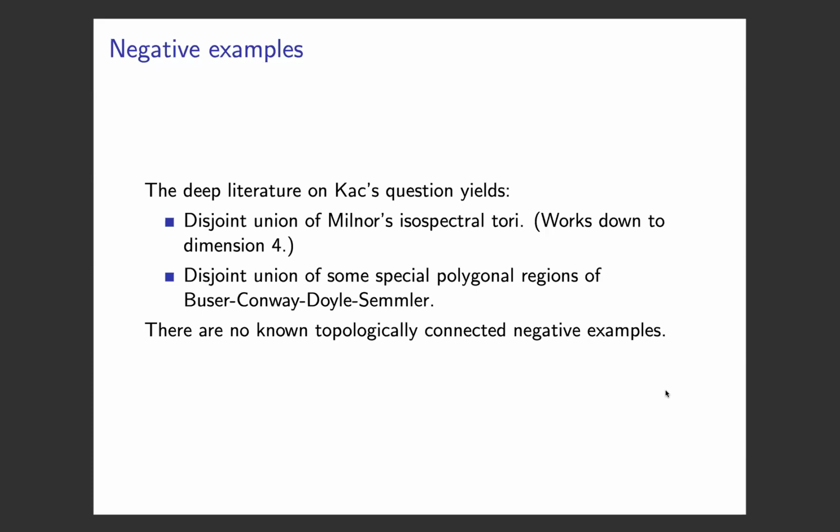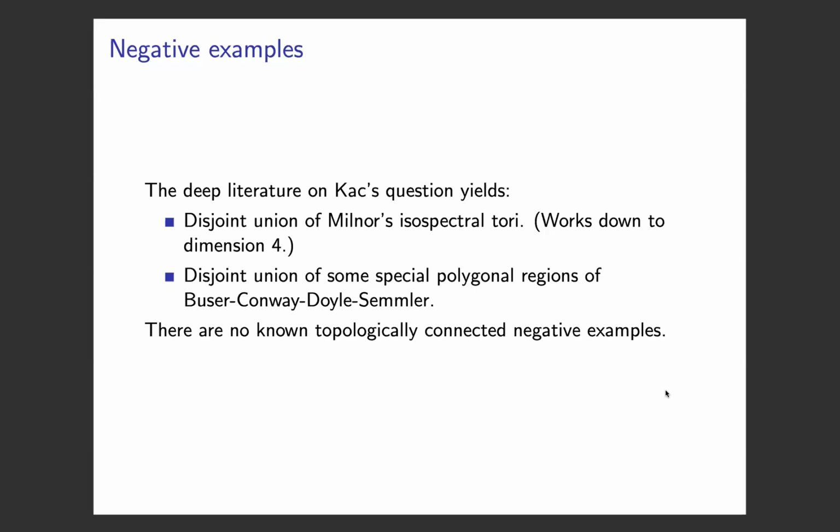But in fact, there's something more. Buser, Conway, Doyle, and Semmler in a paper came up with planar domains that are not just isospectral, but that have distinguished points at which the Laplace eigenfunctions are equal, respectively, at both of those points, no matter what the eigenfunction is.